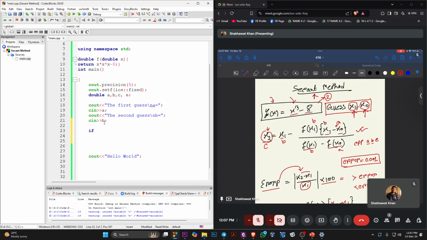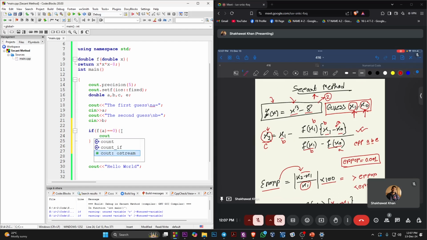So I would like to disclose this problem first, that if my f of A is equal to 0, that my initial guess is fortunately the right guess, so that will make me the solution.